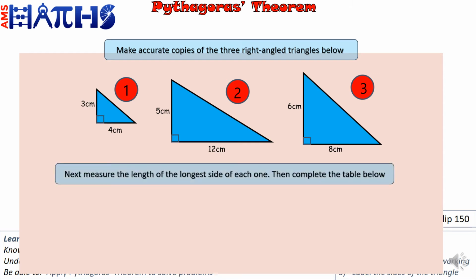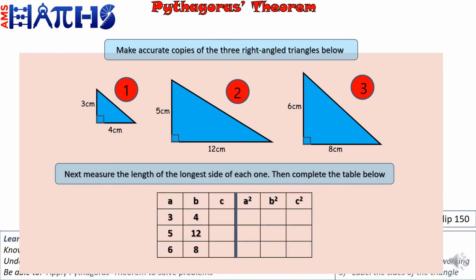Now, what I'd like for you to do is to measure the length of the longest side on each of the triangles that you have drawn, and then I want you to complete this table here. So when you measure the lengths of the longest side, this is for number 1, number 2, number 3. Okay, you need to fill in the longest side.